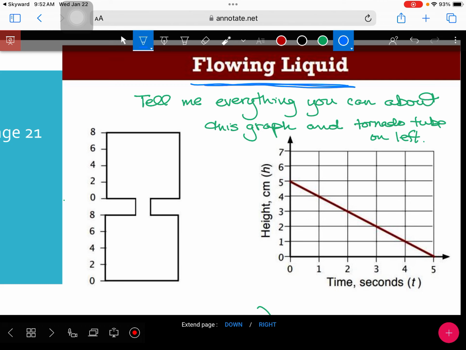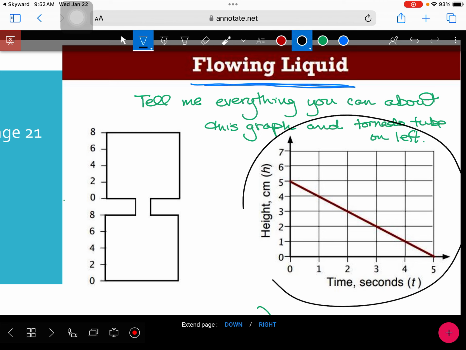Not the top when it's empty, but if I turn this over, there's the tornado. So over time, the height here is decreasing. That means this graph over here on the right is talking about the upper part of this prism. Okay?